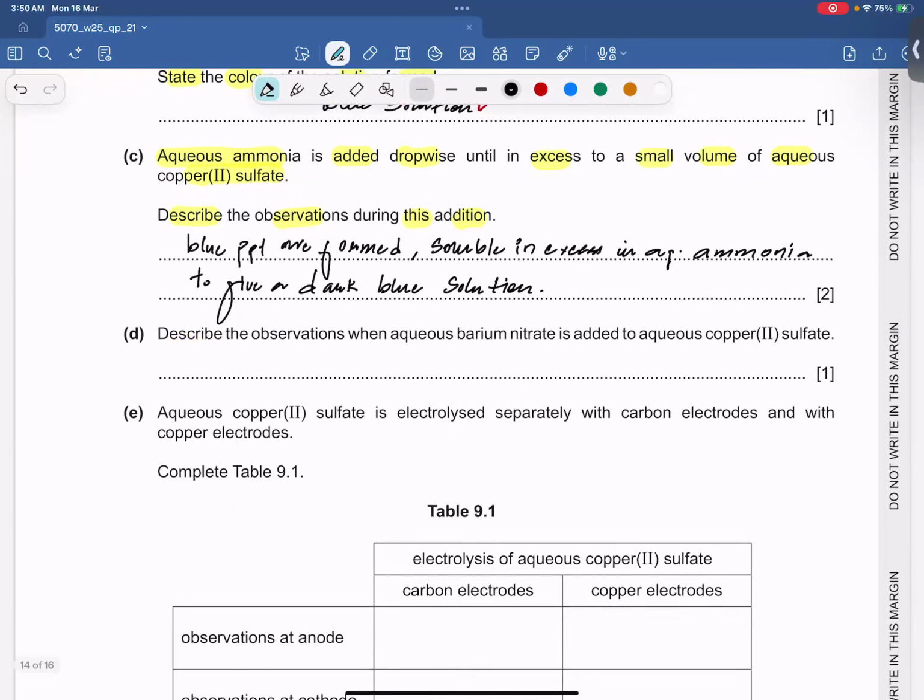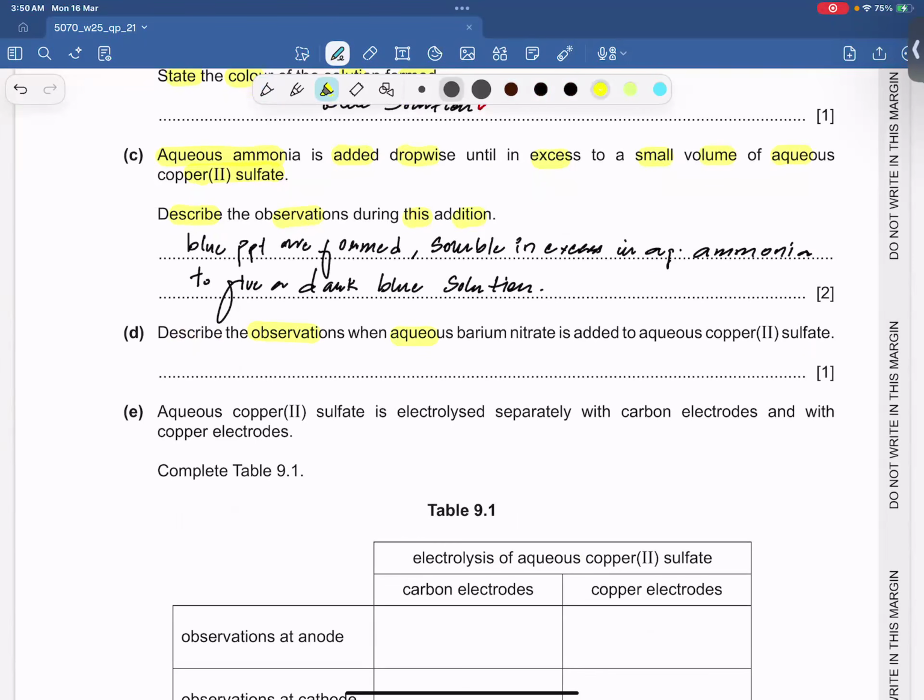Describe the observation when aqueous barium nitrate is added to aqueous copper sulfate. Let me make the equation here. I think when we write the equation, we'll get the clear observation. So this is copper sulfate and it is reacting with barium nitrate.